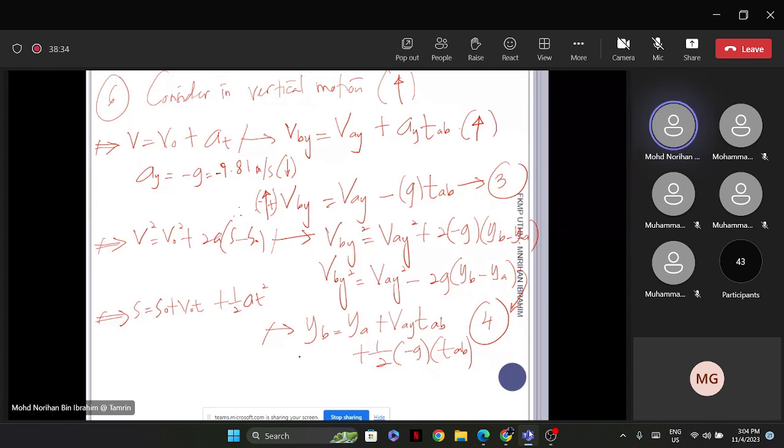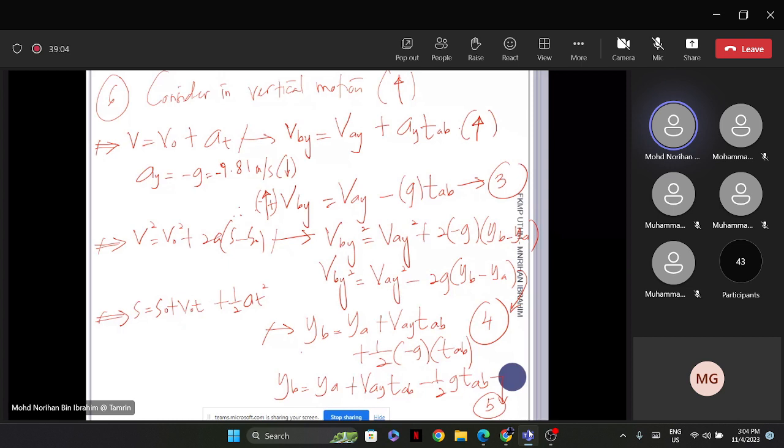So the equation becomes YB equals YA plus VAY TAB, where AB is a subscript, minus half G TAB squared. So we got the 5th equation.